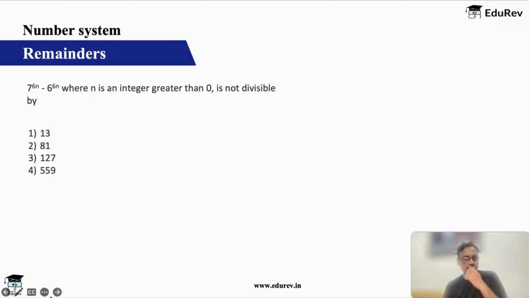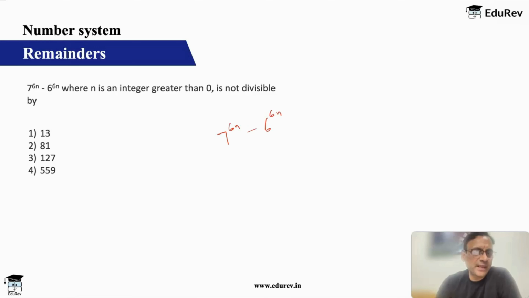Okay, so let's look at a couple of questions on this concept, and these questions have appeared in CAT in various formats also. So I have 7 to the power 6n minus 6 to the power 6n, where n is an integer greater than 0, is not divisible by. So what all is this divisible by?